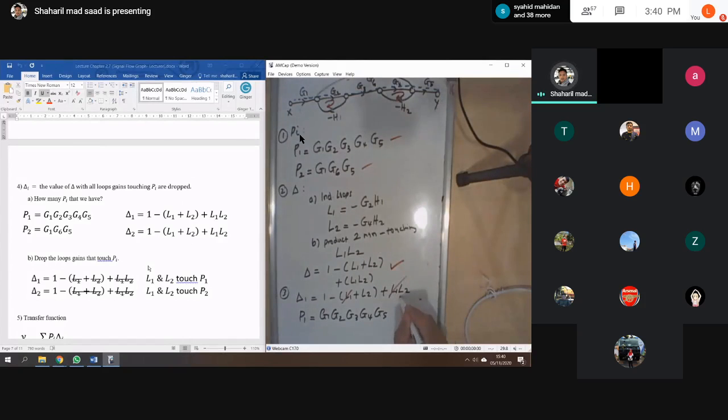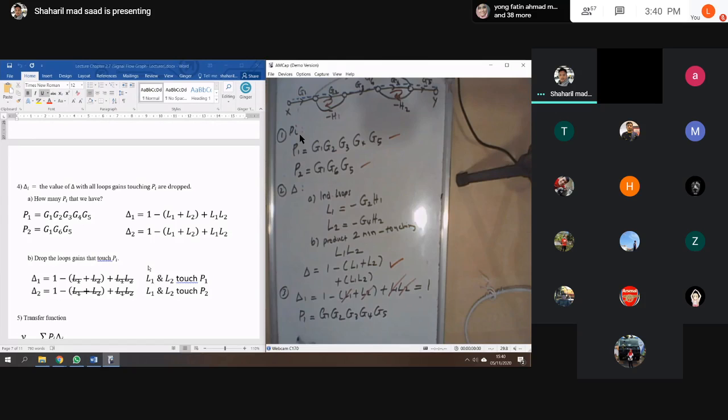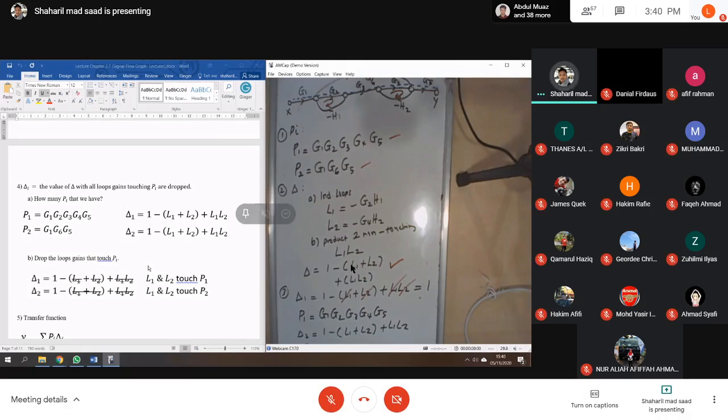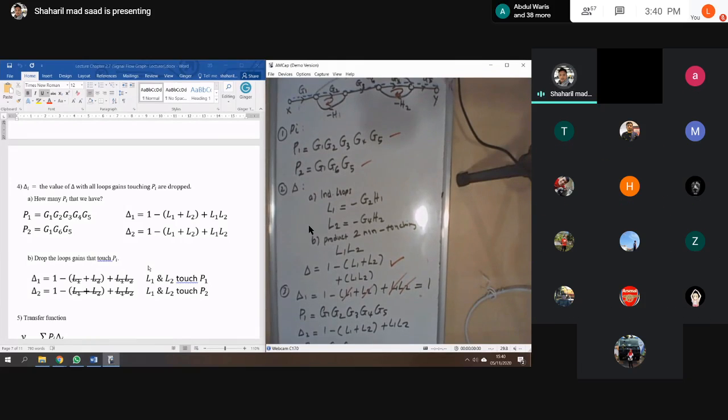So you also drop it here. Then you got only 1. Done. And delta 2 is 1 minus L1 plus L2 plus L1 L2, and forward path gain 2 is G1, G6, G5.